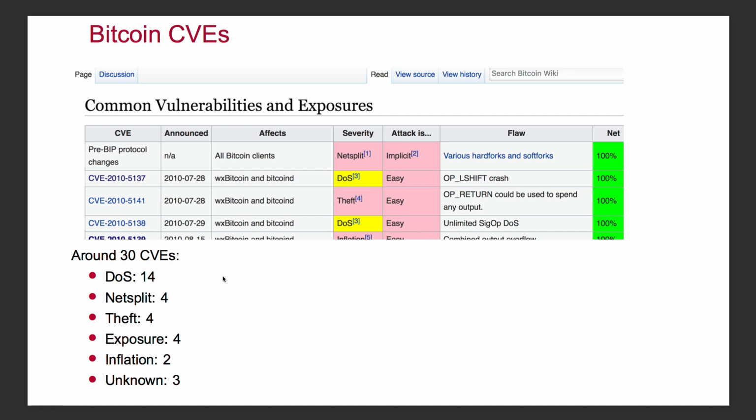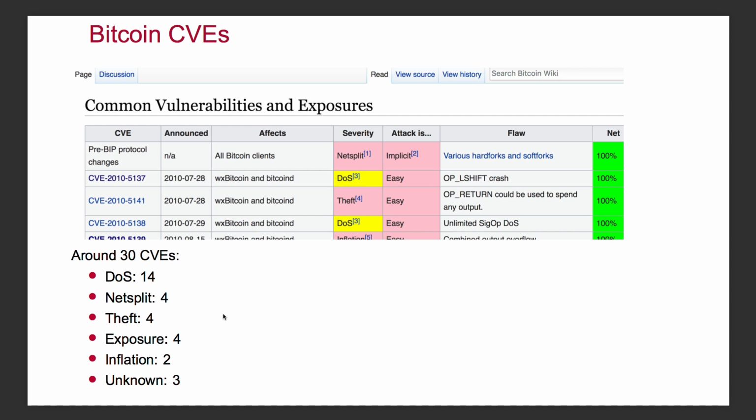Yeah. So then there is net split attack. A net split attack would be when one part of the nodes of the network see one ledger or active branch, and the other part of the nodes see another branch. So we're going to go into detail with that. There is theft attack. Theft could be either theft on the blockchain itself, meaning that during validation, the blockchain accepts invalid transactions and, for example, creates coins out of nothing.